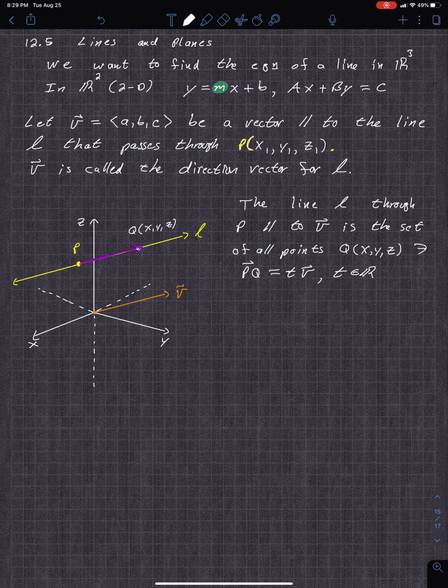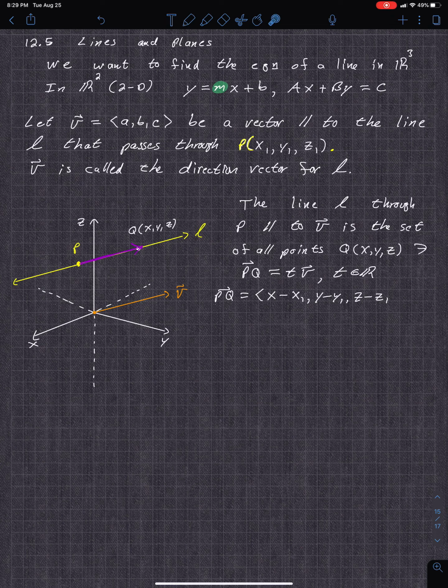So PQ, we're going to write that in component form. That's x minus x1, y minus y1, and z minus z1, right?